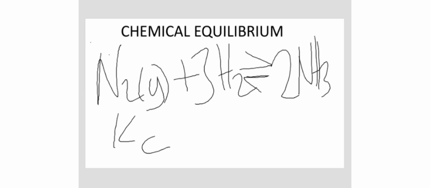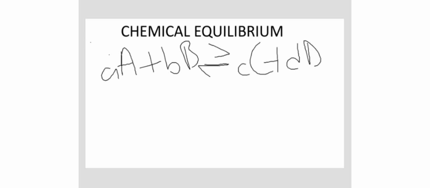Now here is the general rule. When you are given a reaction like this one, aA plus bB, these small letters just represent the coefficients. Now when you are given this, the equilibrium expression is written like this. Kc, which is the equilibrium constant, is equal to, so the capital letters, we put them like this.